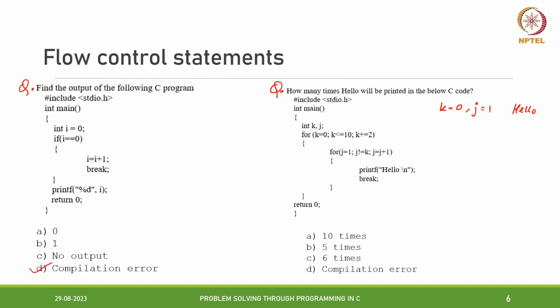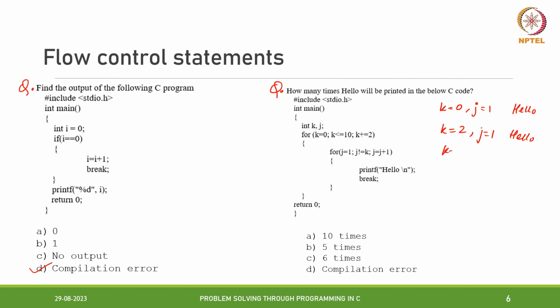K gets incremented by 2. Now k becomes 2. Now you run the j part again. j equals 1. You check j is not equal to k. Still true. So again you print hello and break out of the inner loop.